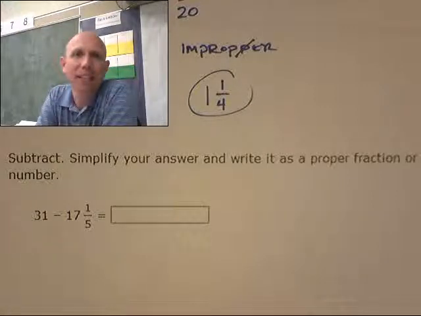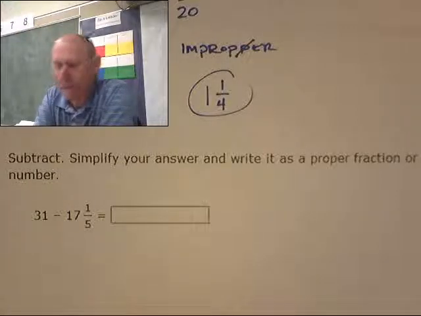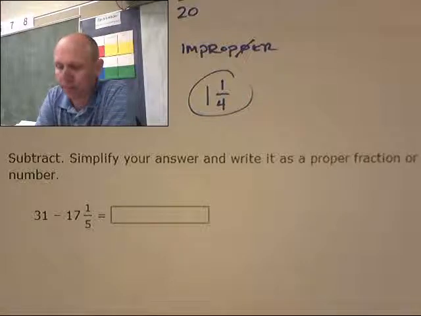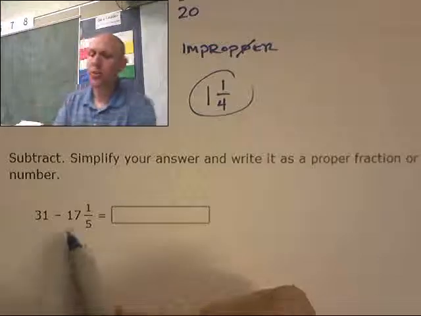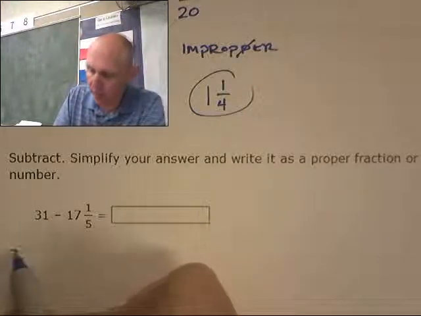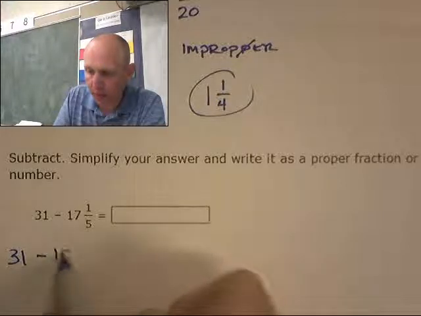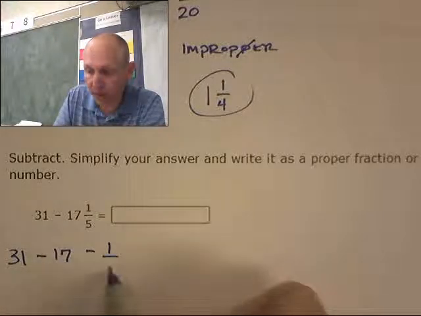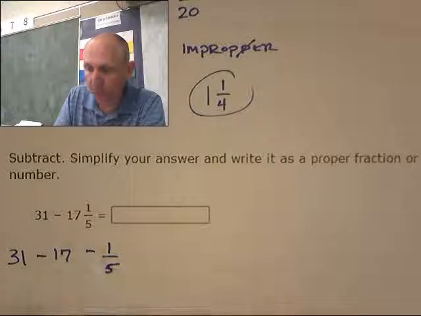Once again, what do I want to do? There are a couple different ways of taking care of this. You can do 31 minus 17. We could write it like this. This would be 31 minus 17, but then we'd still have to take away or subtract a 1/5 off of that.